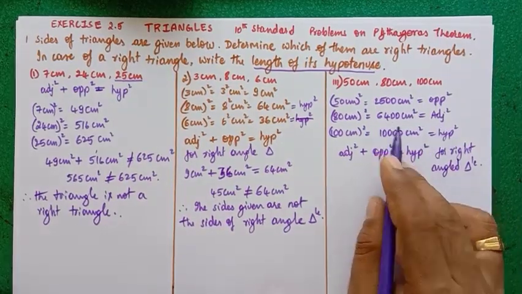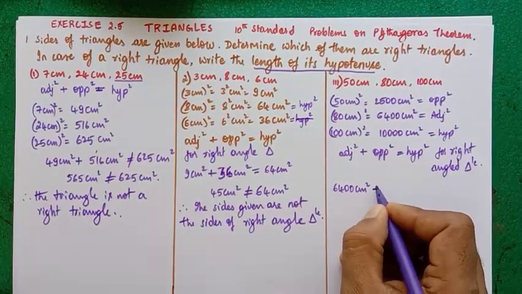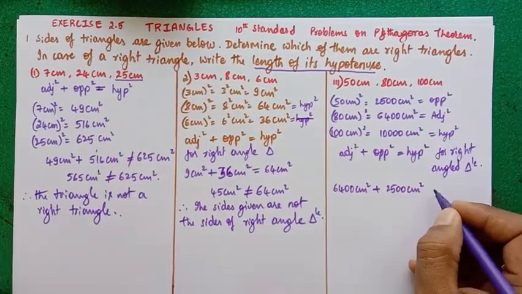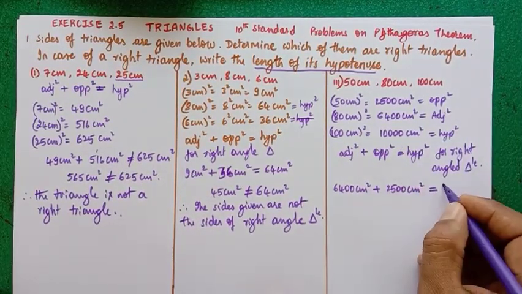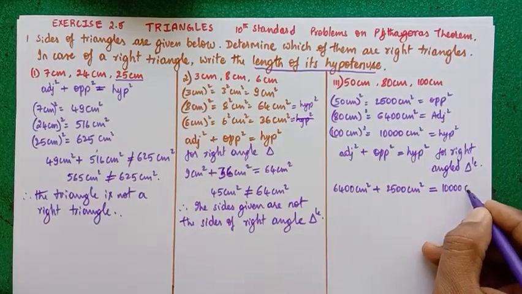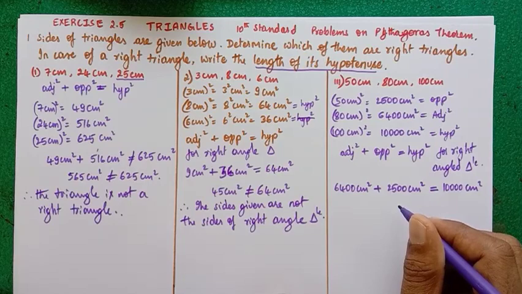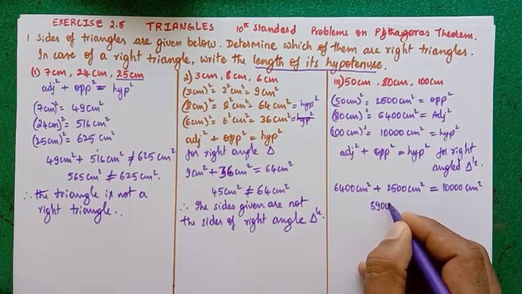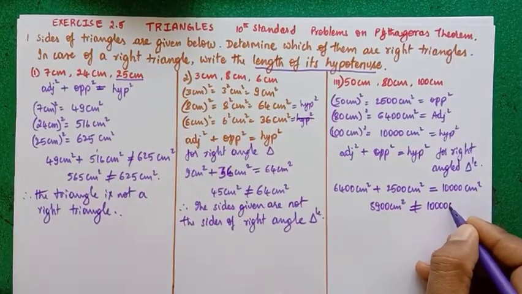Here adjacent is 6400 centimeter square plus opposite 2500 centimeter square. Is it equal here? No, this is not equal. These two, LHS does not equal RHS here. So what happens here? 8900 centimeter square does not equal 10,000 centimeter square.